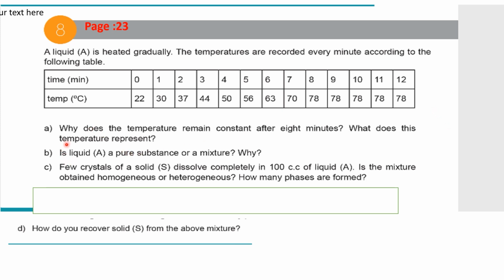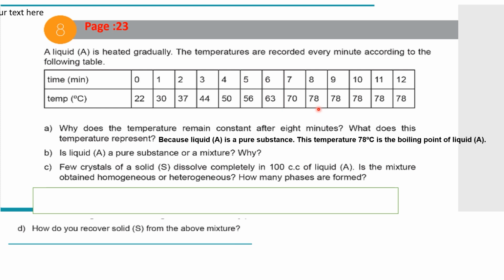Part A. Why does the temperature remain constant after 8 minutes? What does this temperature represent? Liquid A is a pure substance. How do we know that liquid A is a pure substance?